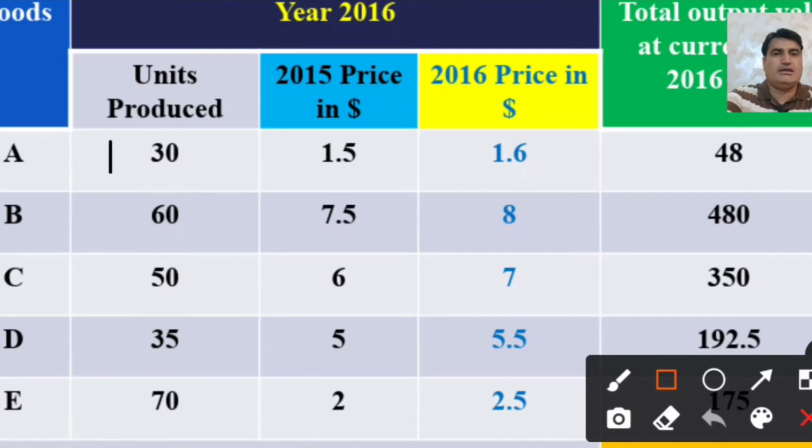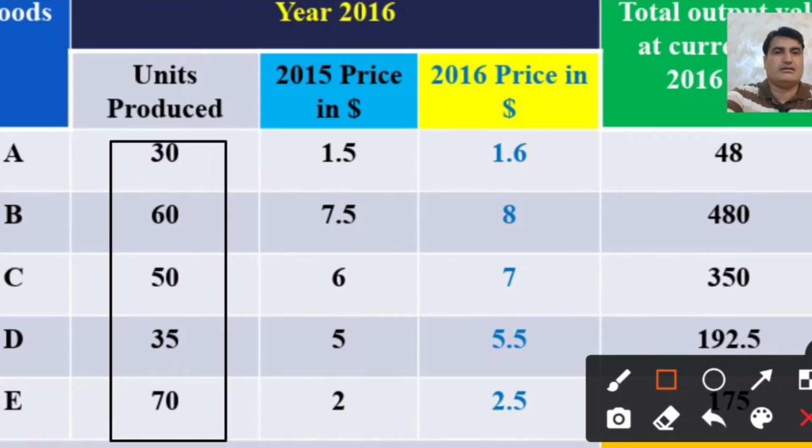Suppose in 2016 the country produced output A 30 units, B 60 units, C 50 units, D 35 units, E 70 units.